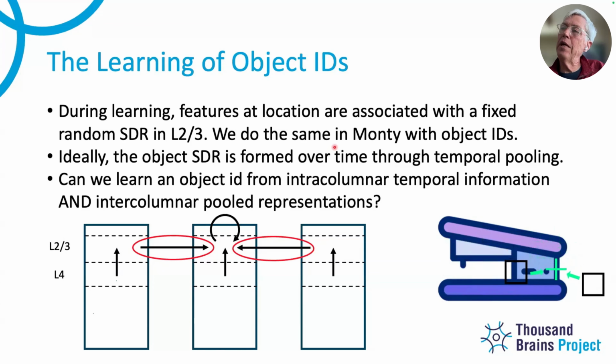Random works, but generally brains don't work on random processes, and at the moment it fit all we needed to do. Now we came up with this idea perhaps that the SDRs up there are not purely random in the sense that they're tied to anchoring in reference frames. So if I anchor my reference frames, it would determine the SDR on layer 2-3, and if I know the SDR on layer 2-3, it would anchor the reference frame.